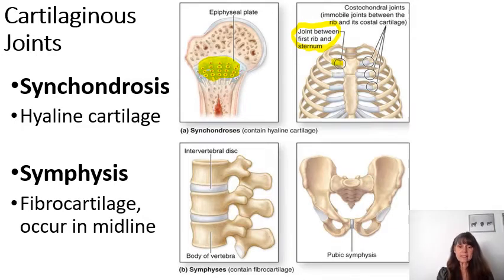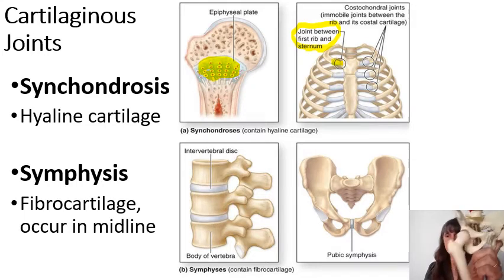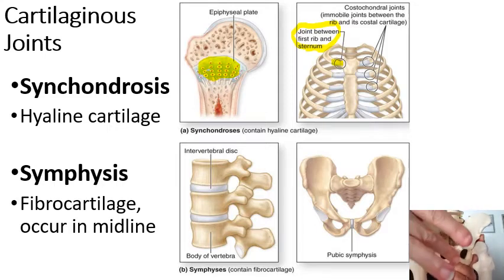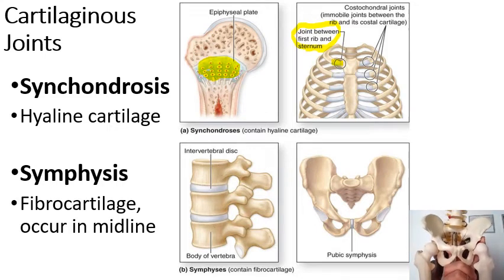A cartilaginous symphysis is a joint that will only occur in the midline, and we know that the intervertebral discs are made up of fibrocartilage, as is the pubic symphysis, also made up of fibrocartilage.